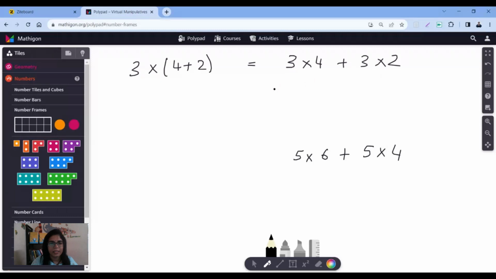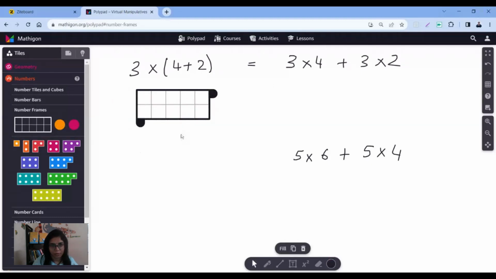To understand this, I want you to visualize. We will use something called number frames. Number frames means what? This is actually a 10 frame. In my other videos, you will see that the best way to learn numbers is through number frames. So here we are, okay? We're going to use number frames.